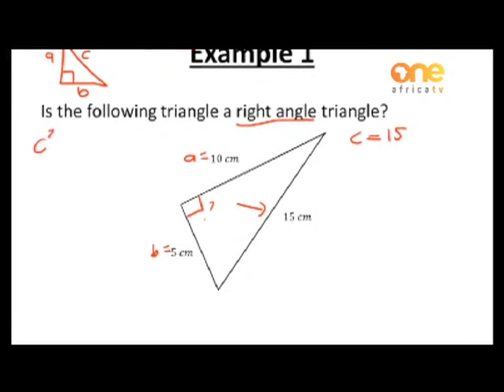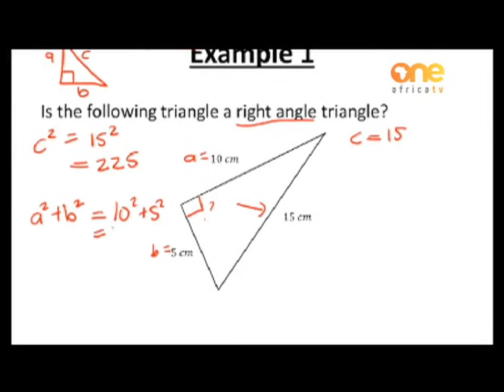So, C squared is equal to 15 squared. This is equal to 225. A squared plus B squared is equal to 10 squared plus 5 squared.